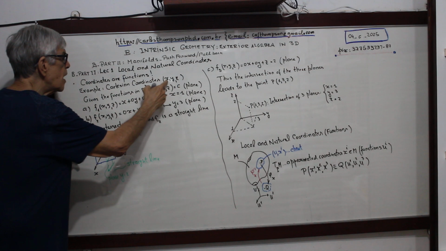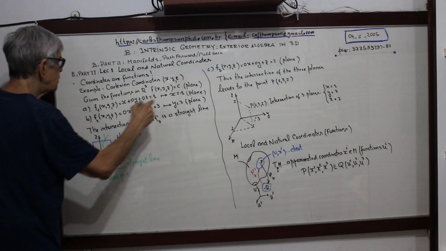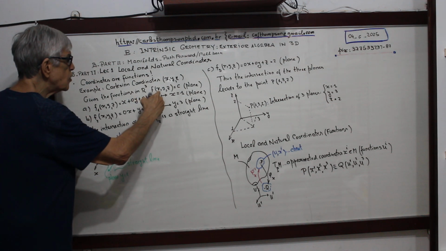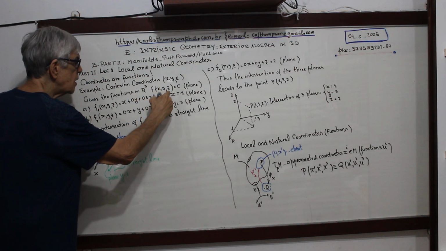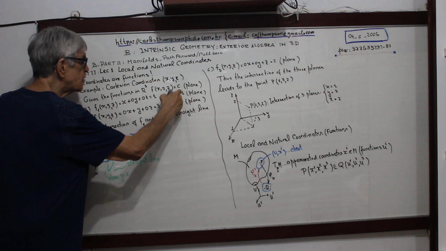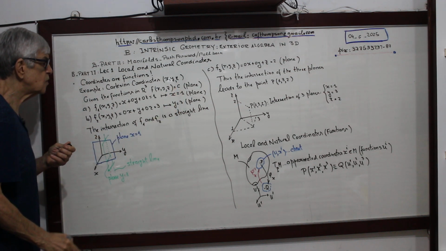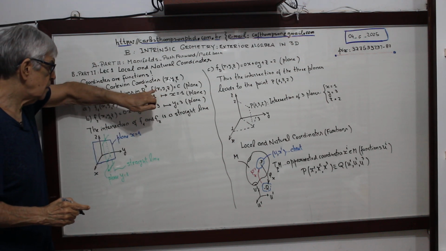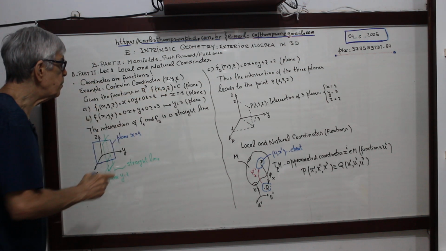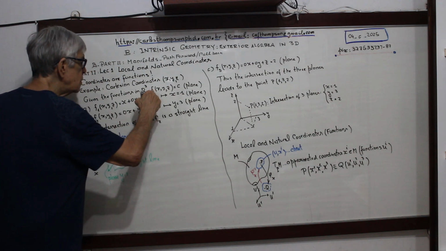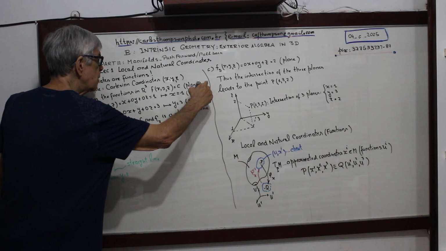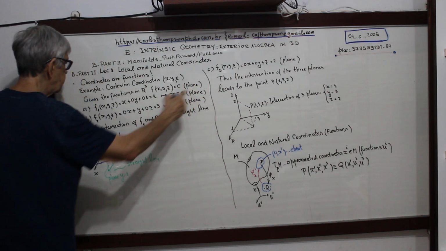Cartesian coordinates, x, y, and z, see? Given the function in R3, f of x, y, z is equal to a constant. It depends on how this function is; then we consider a particular case as a plane.